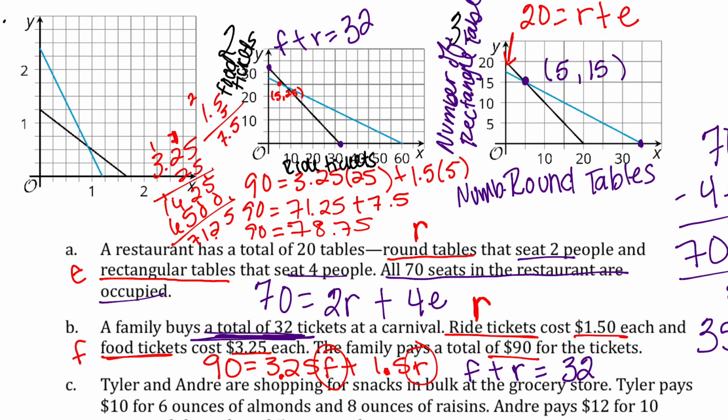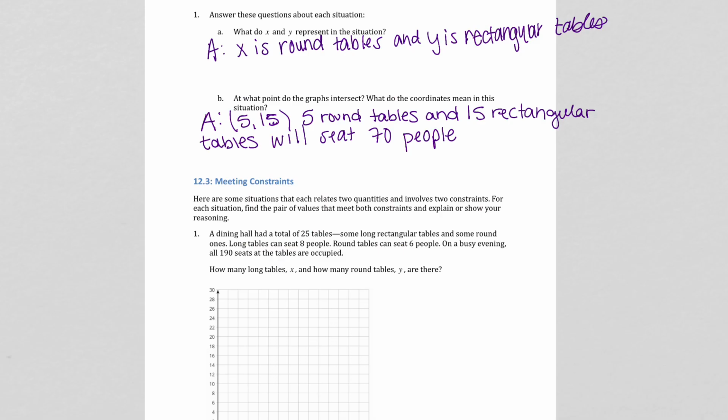So on the next page, we're going to write for B: X is ride tickets and Y is food tickets.